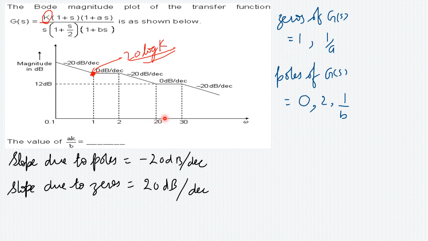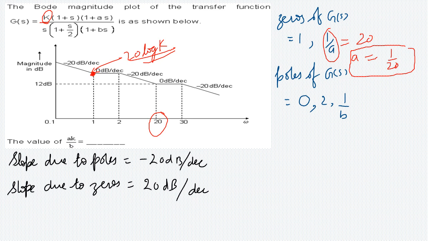So this corresponds to the 1 plus s by 2 term. Now at 20 radians per second, the slope again becomes 0 dB per decade. This corresponds to another zero, so the zero is located at 20. So this 1 by A, which we wrote earlier, is equal to 20, and from here you get A equals 1 by 20.